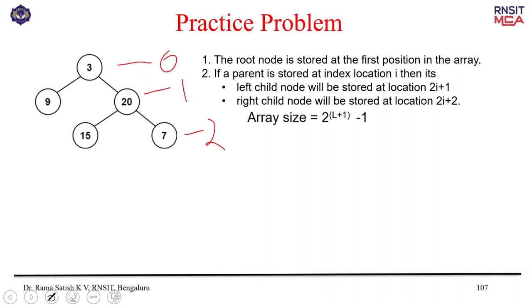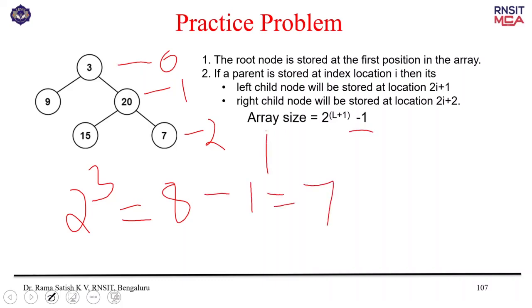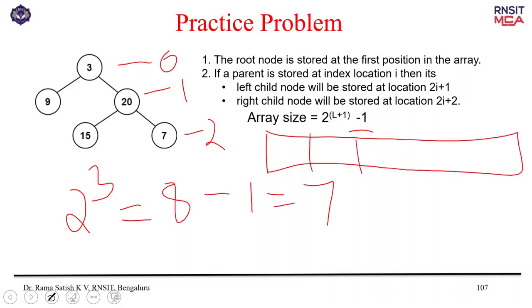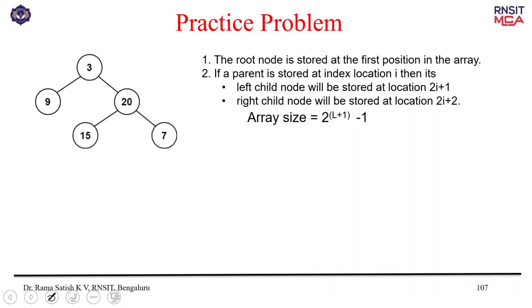I have the formula 2 raised to power of level plus 1. Level is 2, plus 1 is 3. 2 raised to power of 3 is 8: 2 into 2 into 2, 2 2s are 4, 4 2s are 8. And minus 1, that is 7. So you need an array of size 7. It starts from 0, it goes up to 6.